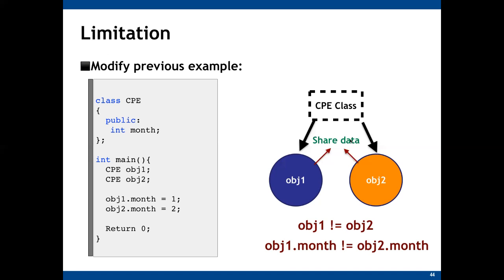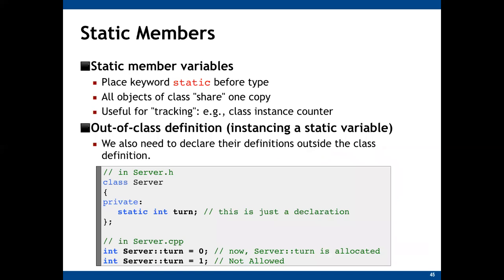For this, we use static members. So we can make both member variables and member functions static. So let's first look at the static member variable. In order to make a static member variable, you indicate the static keyword at the start of the declaration.